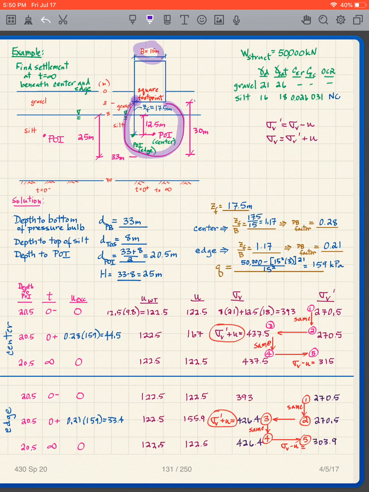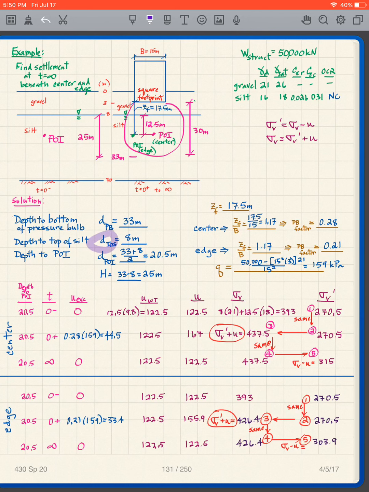So that's where we measure the 30 meters from. So the base of the structure is at 3, we have 30 meters. That means the bottom of the pressure bulb is going to be at 33 meters. So there's my 33 meters there.